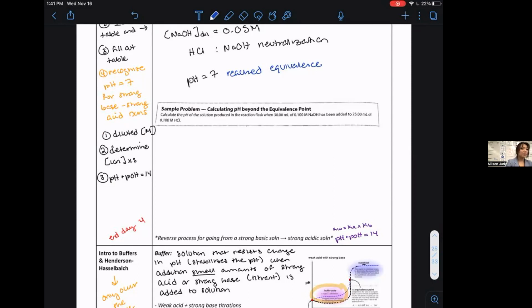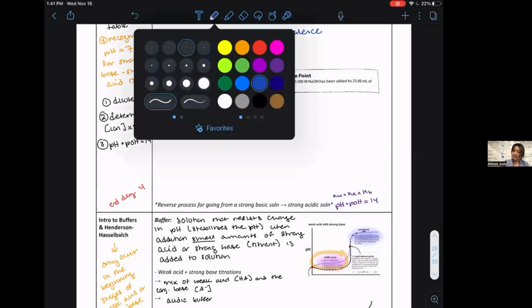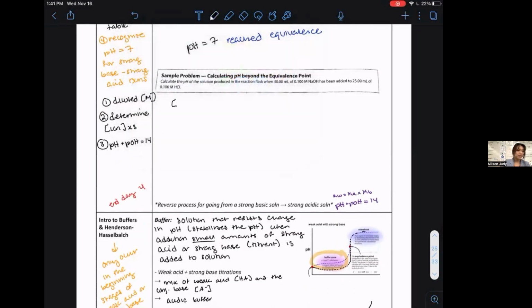But for calculating beyond equivalence, all you had to do was find the diluted values. You should have found for HCl diluted that it's 0.04545 molarity. For NaOH diluted, you get 0.05454 molarity.